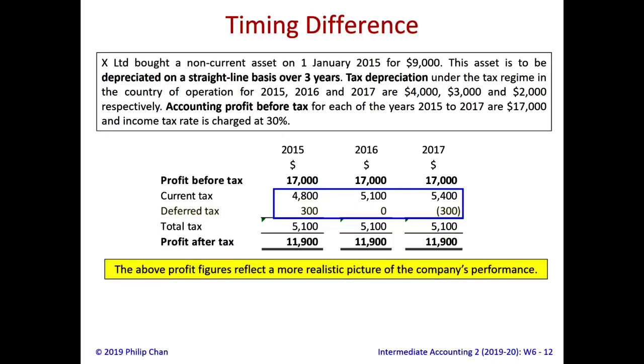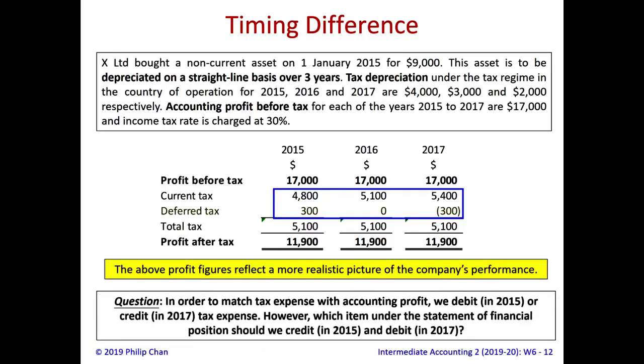Okay, so far we know the concept here. But what do we do in terms of the names of the accounts that we debit in the year of 2015, or the account that we are going to credit in 2017, in order to match the tax expenses with the accounting profit?